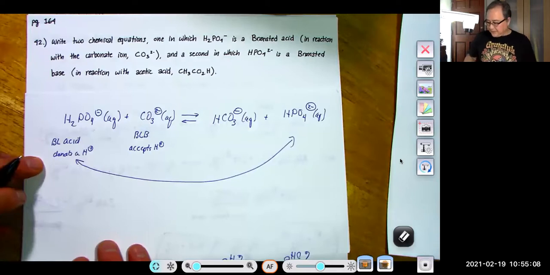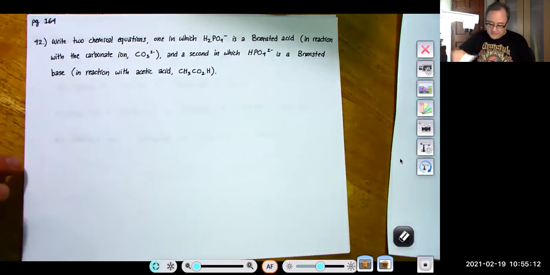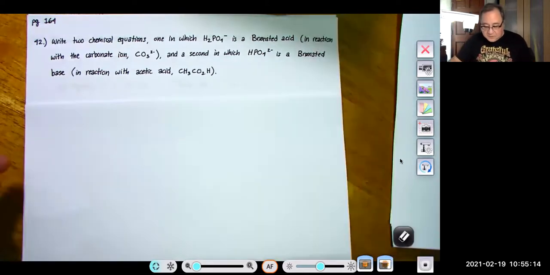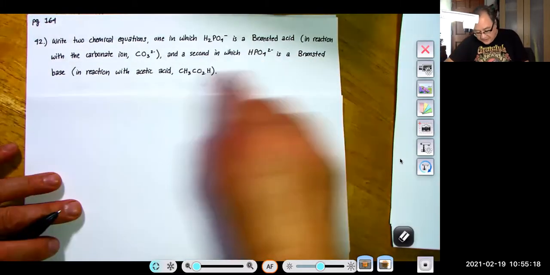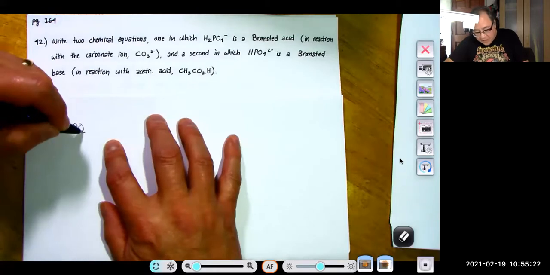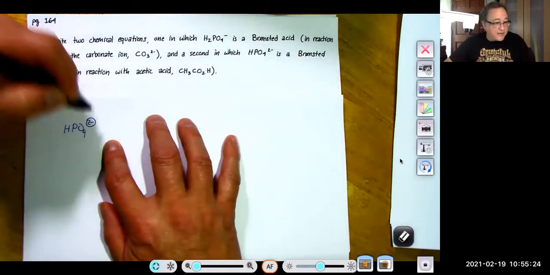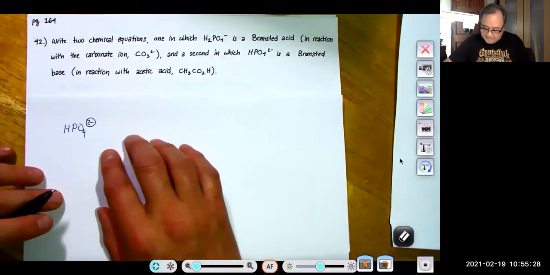Okay, let's take a look at the next one. The second, in which HPO4 2 minus is a Bronsted base. So HPO4, and I'm going to leave the state off of it for right now. These are all going to be aqueous, but I'm going to leave that off for right now, just for brevity.